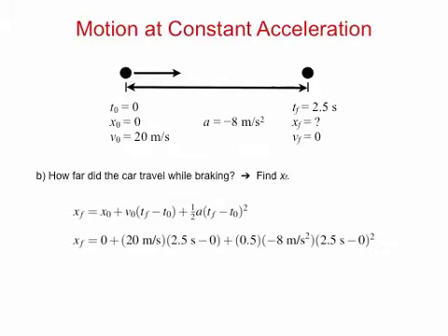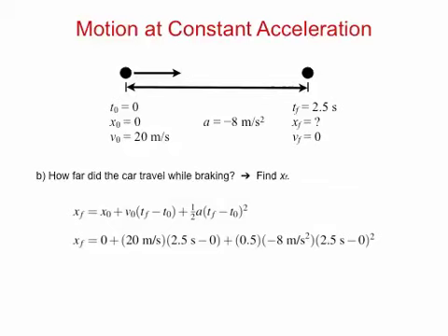Before evaluating, let's look at the units of each term. Remember, you can only add numbers together if they have the same units. The first term is 0, so we ignore it. The second term multiplies meters per second by seconds, which gives meters.